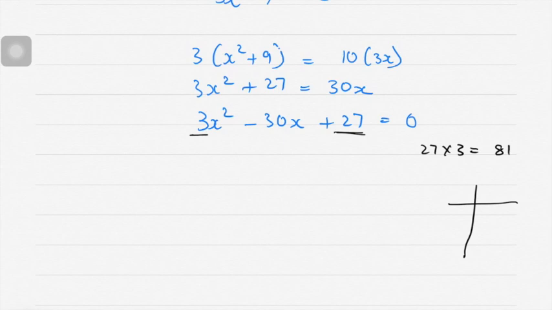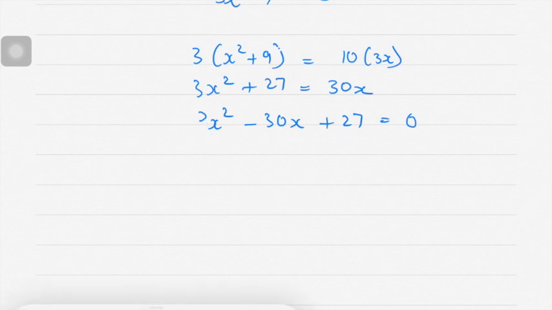Okay, so one more thing you can do is, wait, 3x is divisible by 3, 30 is also divisible by 3, 27 is also divisible by 3. Let's divide the whole equation by 3. Okay, now it will become easier for us to calculate.